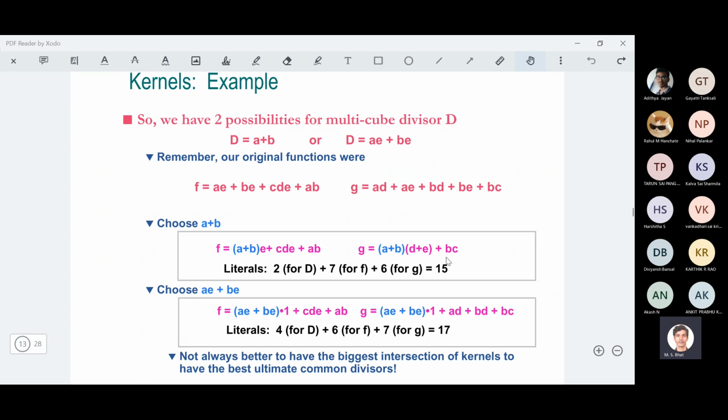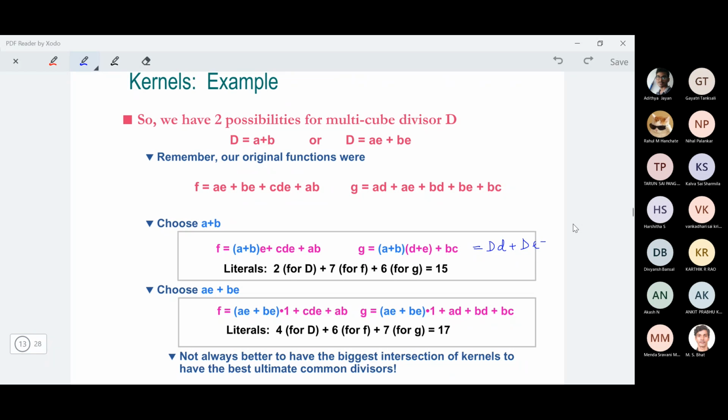Okay. Because this is written as D into D plus D into E plus BC.